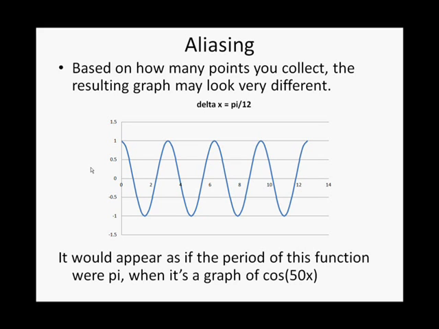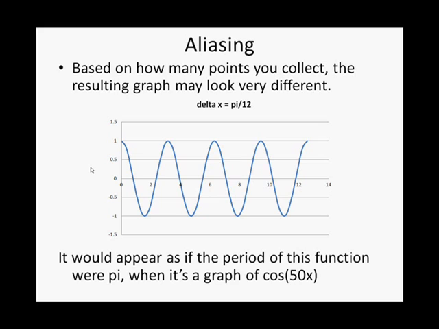However, even with this cosine of 50x function, by using those 48 data points, our graph looks like a typical cosine function that has a period of maybe pi. Except, in this case we already mentioned that the period is a ridiculously small amount, pi over 25, which is about 1/8.